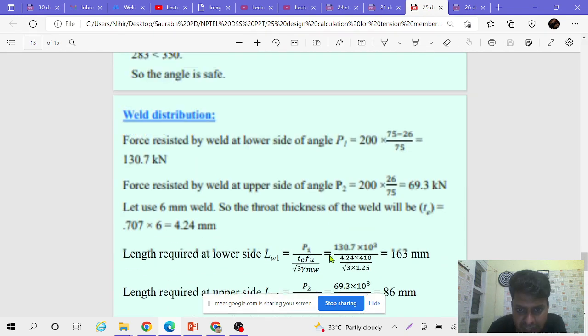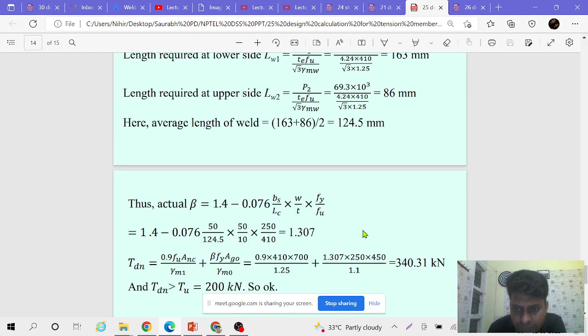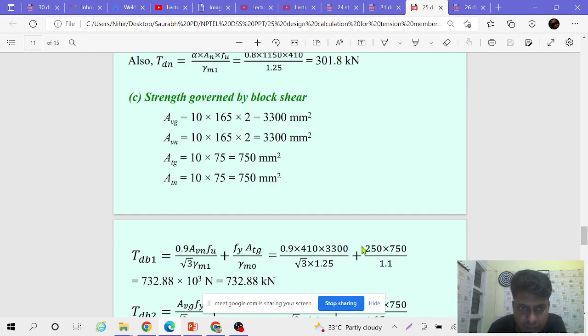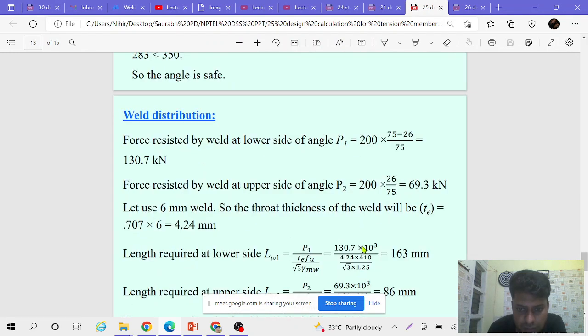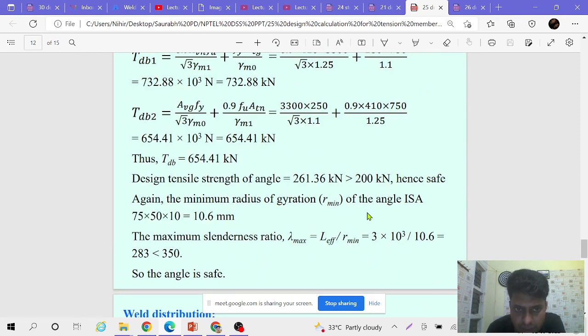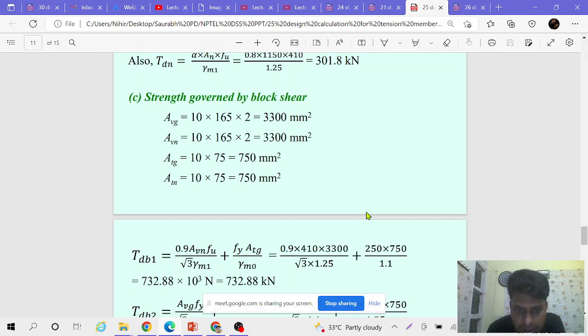So LW1 and LW2, here it has been calculated. What are the things involved in the calculation of LW1 and LW2? So P1 upon T, E, F, U under root gamma MW. P is 130.7, T is 4.24. So from where are these values coming? They come from the moments taken in the angle section, meaning the distribution of the loading.